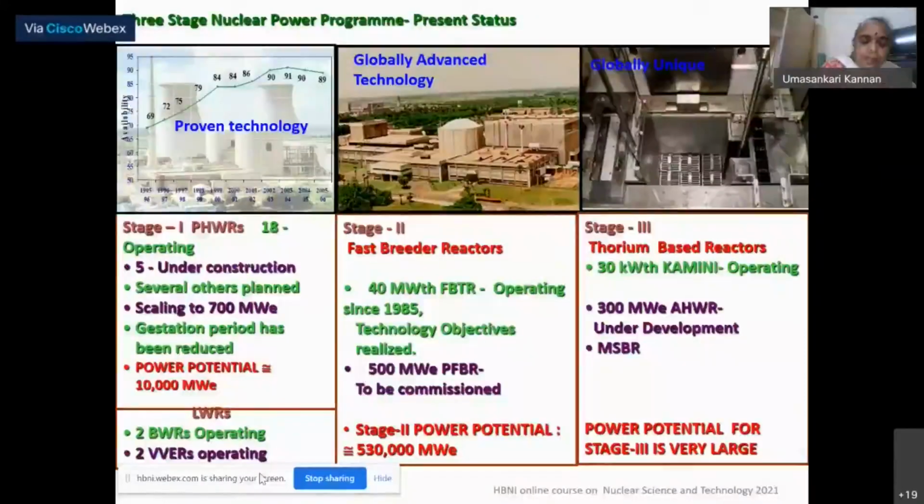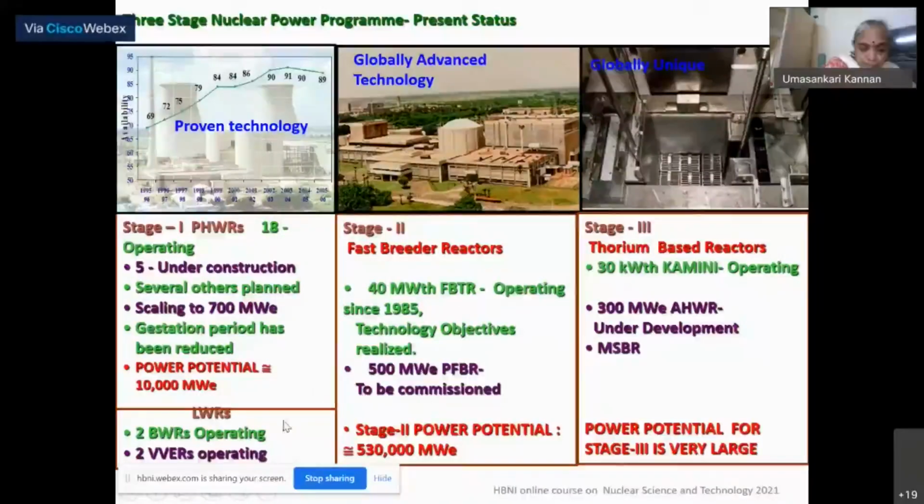Two boiling water reactors were developed on a turnkey basis from General Electric, USA, and two more VVERs, that is, the pressurized water reactor type, which I had told you about, from Russia. They are operating very well. Two units are operating, and units 3 and 4 are in advanced stages of construction.